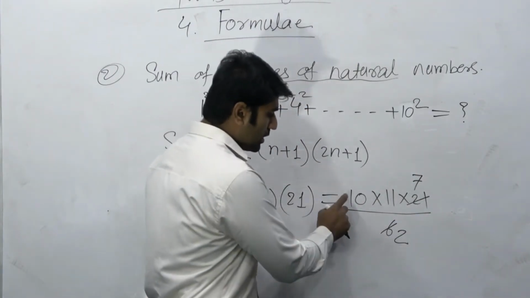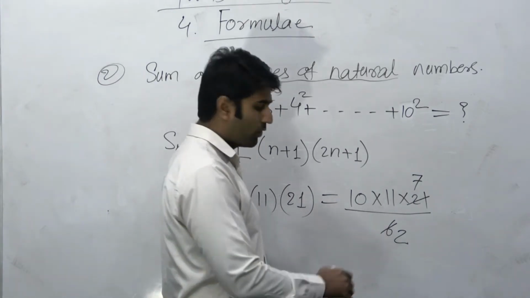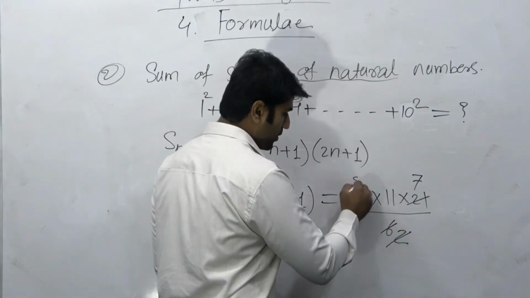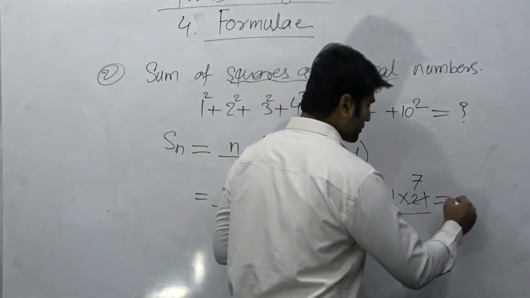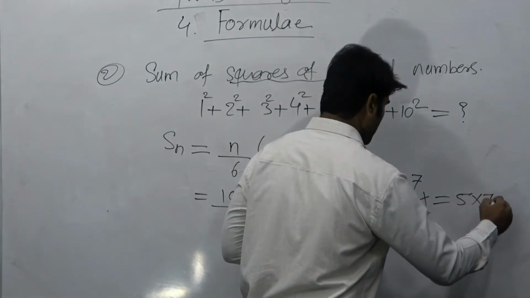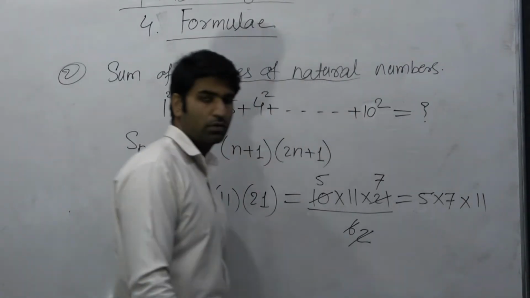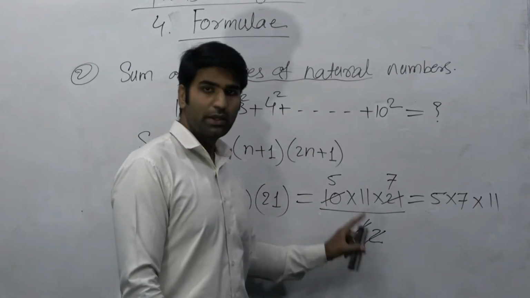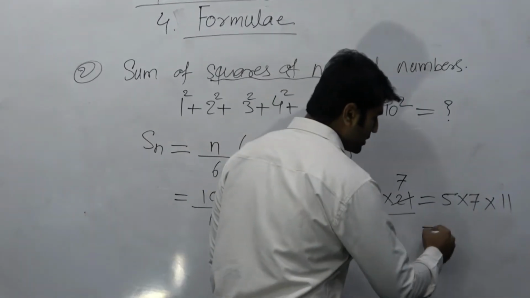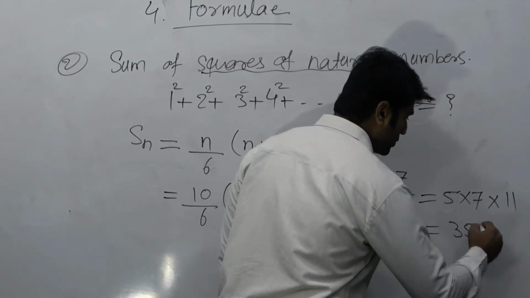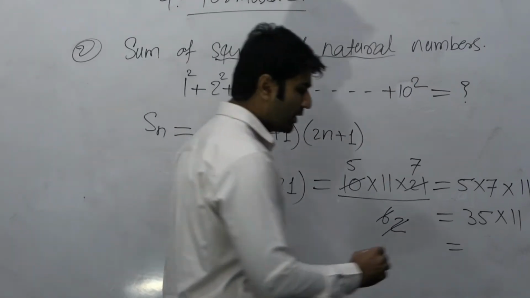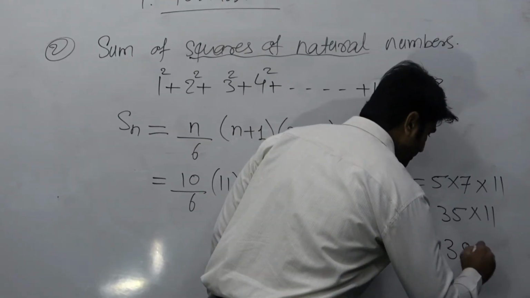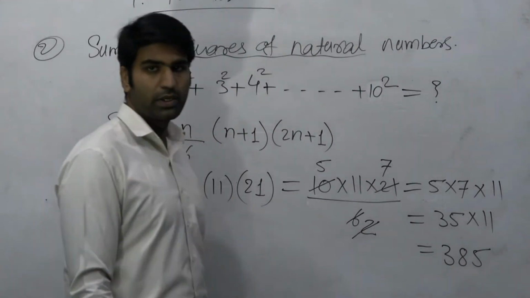Again, 10 is divisible by 2, therefore divide. So 5. Now the remaining numbers are 5 into 7 into 11. So multiplication of these numbers, 5 into 7, 35, 35 into 11 is 385.